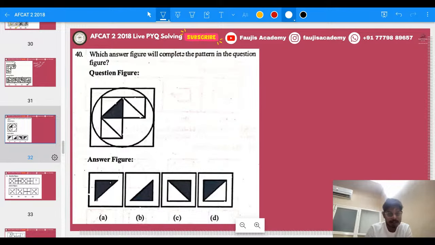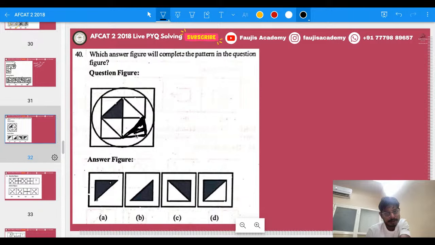One thing is pretty much sure: by symmetry, we have something like that over here, isn't it? Something like that we'll have over here, isn't it? And we can also have something like this, and this one will be the shaded one.